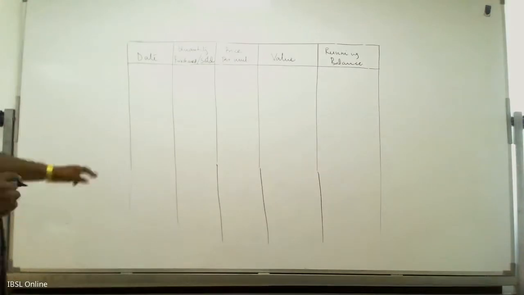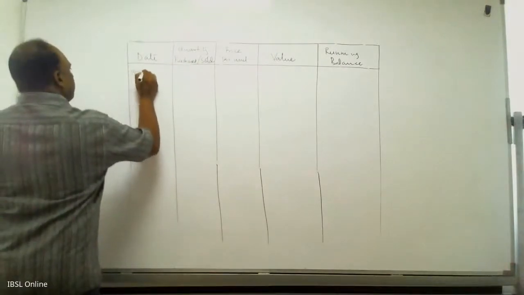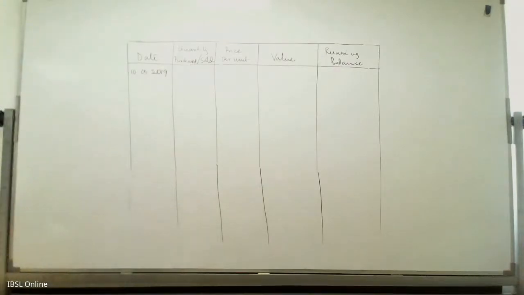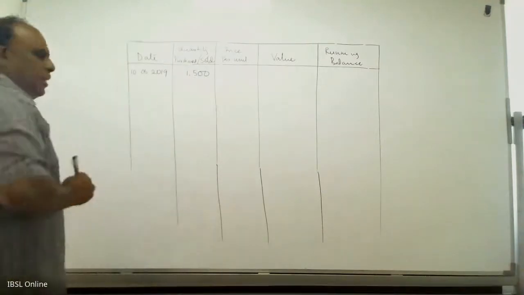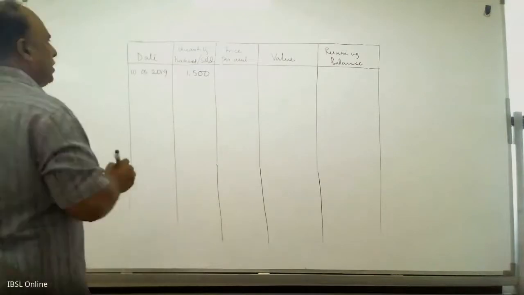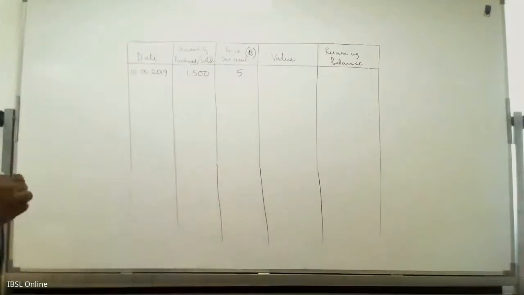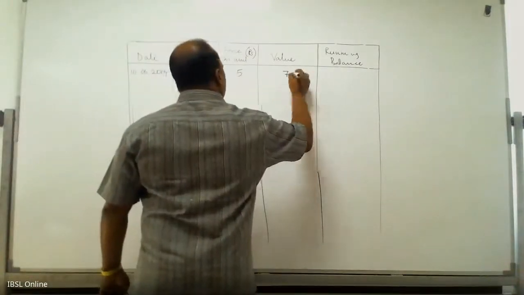If there were, we would have brought in the opening stock just to show there had been a value. Here we are doing a purchase straight away, on 10/5/2019. They have purchased 1,500 units at 5 rupees per unit, which means 7,500 in value.